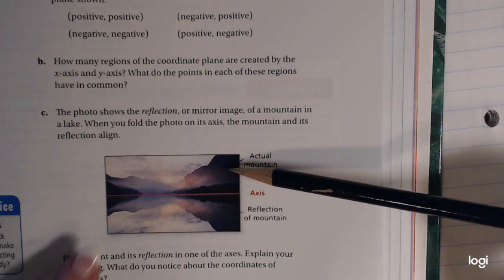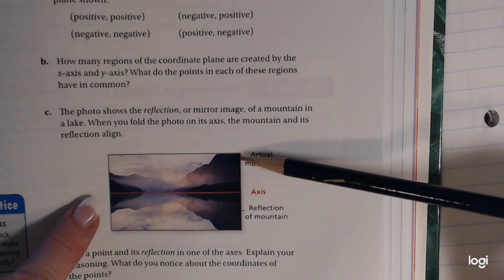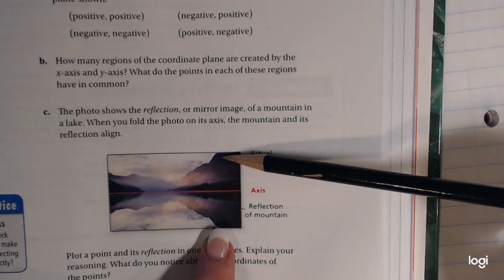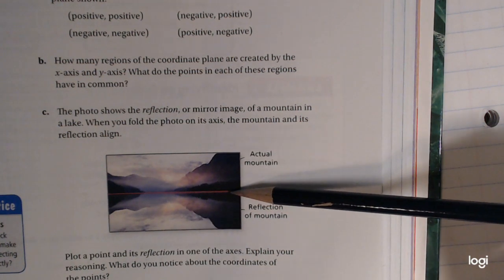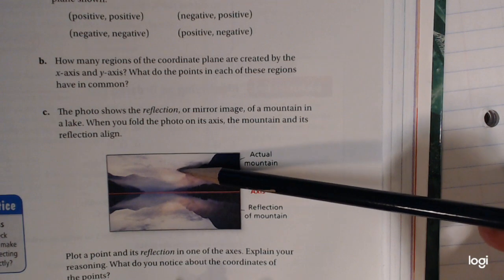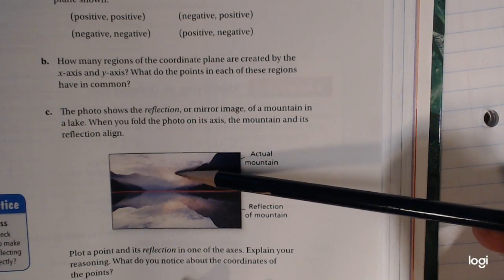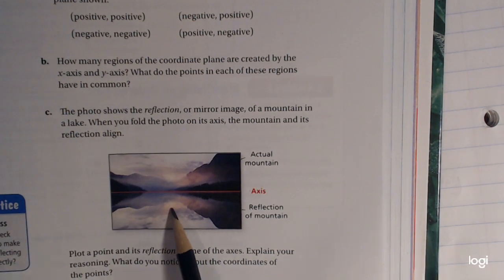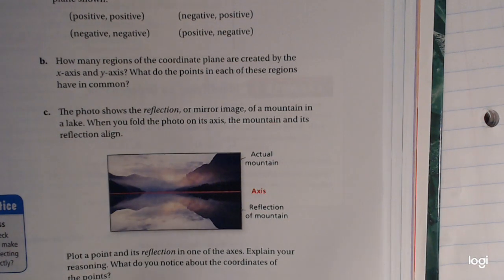If we could take this piece of paper and fold it on this axis, you would notice that the mountain and its reflection are both exactly the same distance from the axis. So we're talking about reflecting. Here's our sun. If I reflect the sun over the axis, it's going to be across the axis, but the same distance from the axis as the original image.